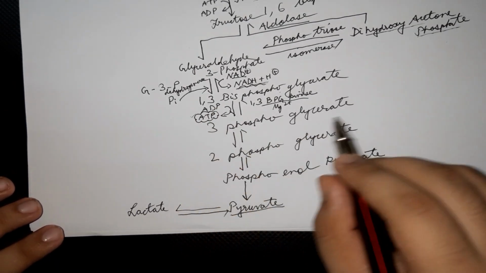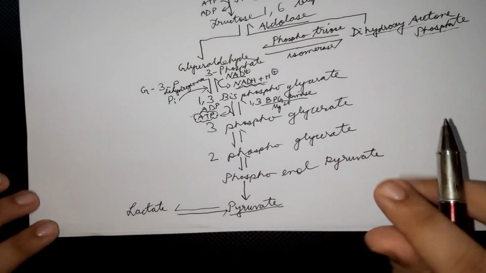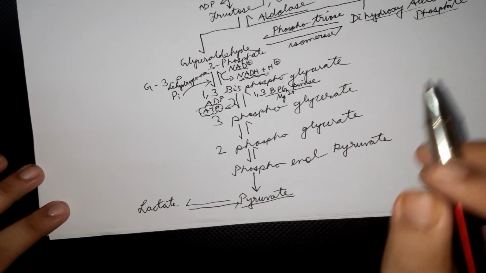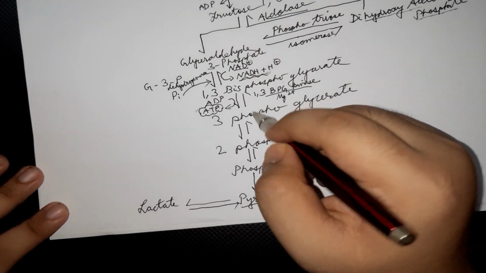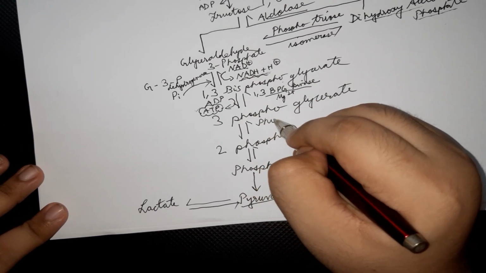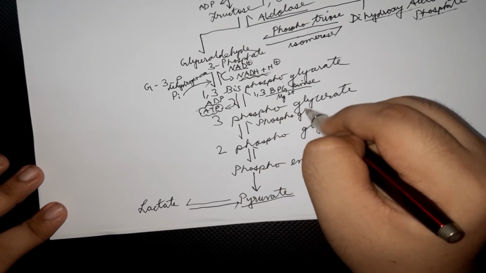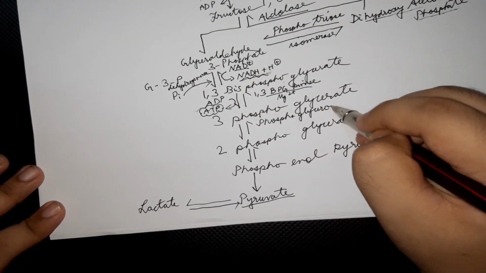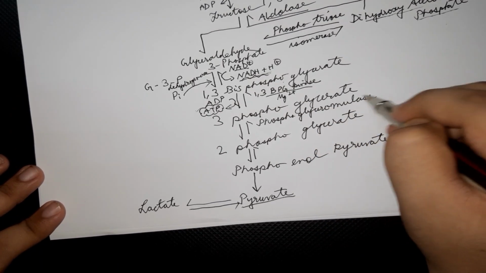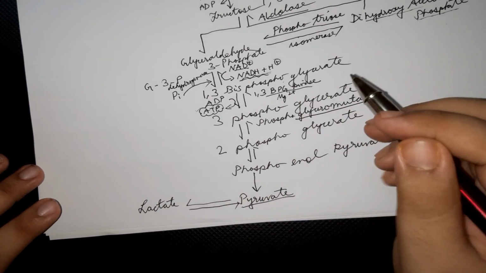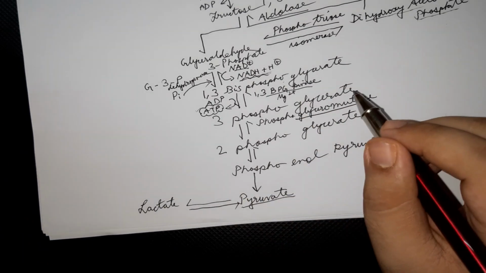Then from 3-phosphoglycerate to 2-phosphoglycerate, the enzyme required is a mutase, that is phosphoglyceromutase. See, this is not an isomerase but a mutase enzyme.